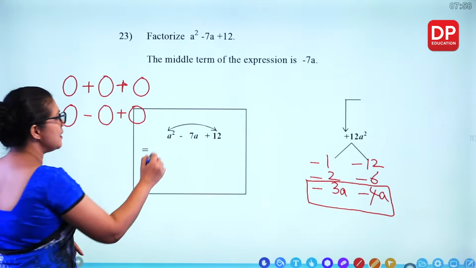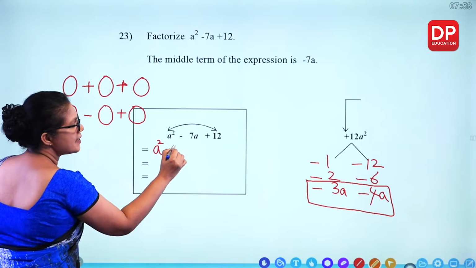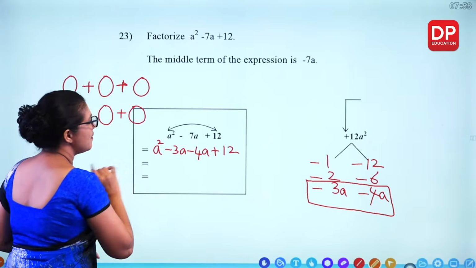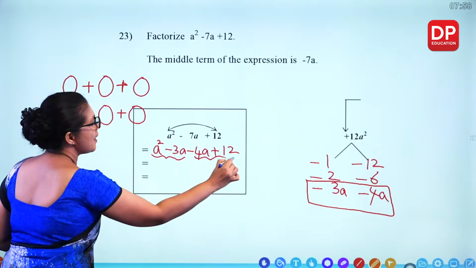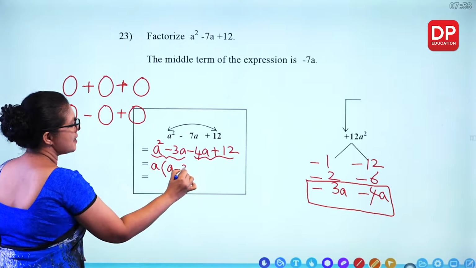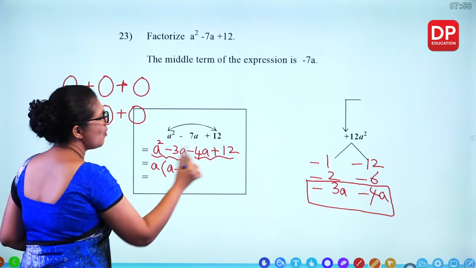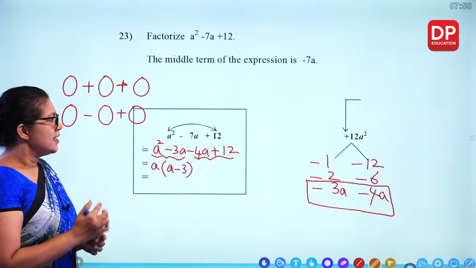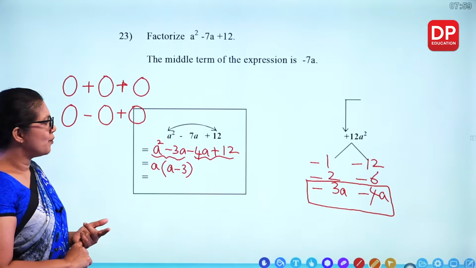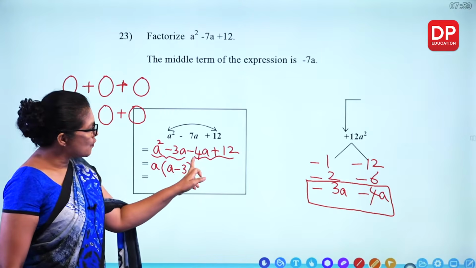Now we can split the middle term: minus 3a minus 4a plus 12. Take 2 at a time and factorize. a minus 3. Now which one do we take? You can take plus 4 or minus 4. If you take plus 4, what happens?